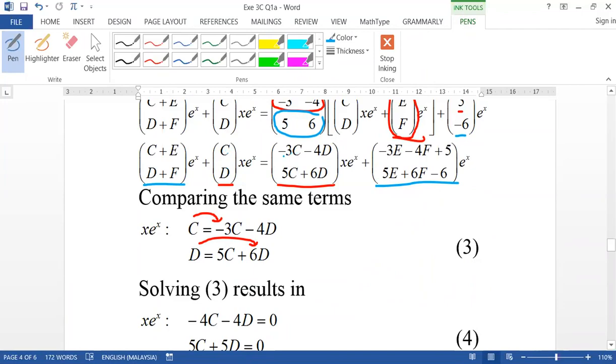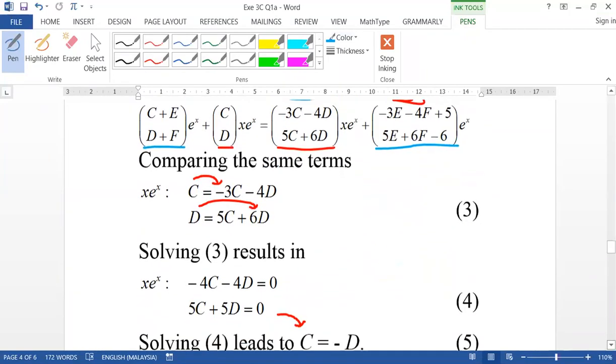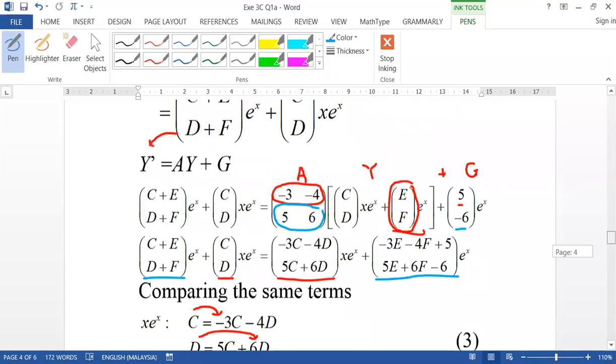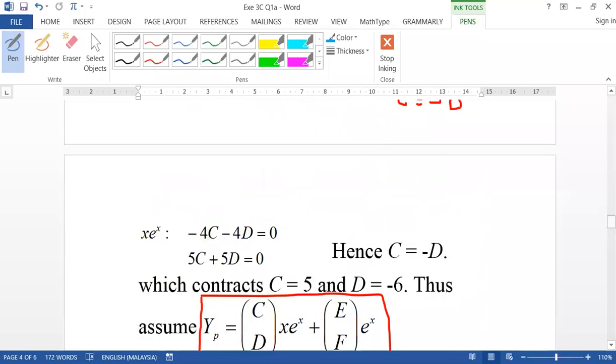So negative 3c minus 4d equal to c, and 5c plus 6d equal to d. Solving these, like previously you get the contradicting equation. Put c here, so you have negative 4c minus 4d. From here you collect your d, so you have 5c plus 5d equal to 0, leading to c equal to negative d. C equal to negative d, just like just now.